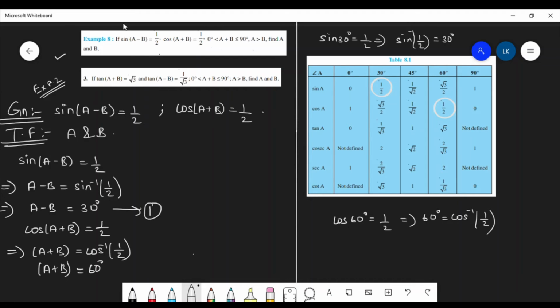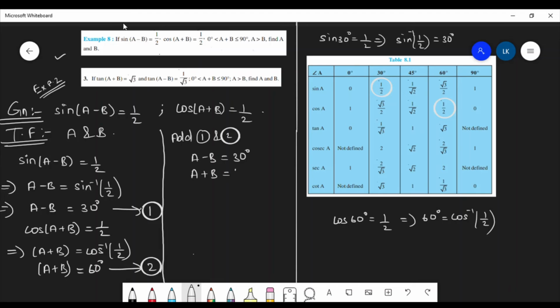Now mark the first as equation number 1 and the second as equation number 2. Add equations 1 and 2. A minus B is equal to 30 degrees, A plus B is equal to 60 degrees. Add both of them. Minus B cancels out. Therefore, 2A is equal to 90 degrees and A is equal to 45 degrees.